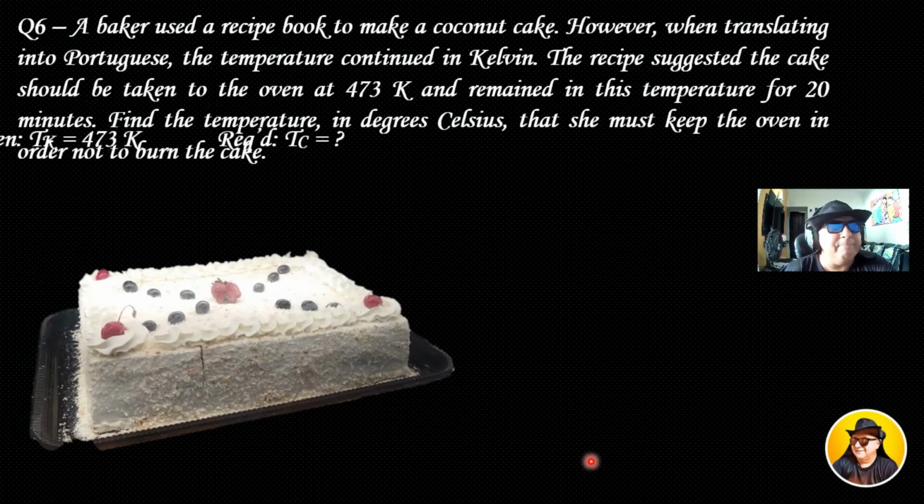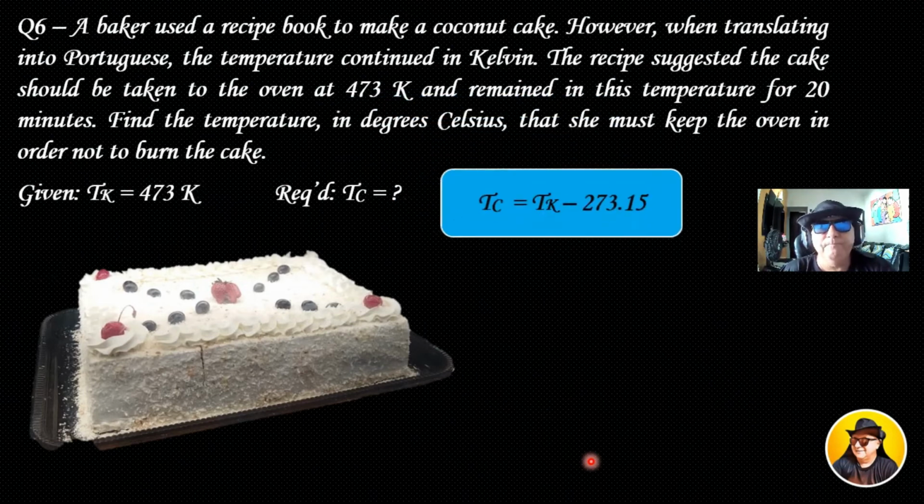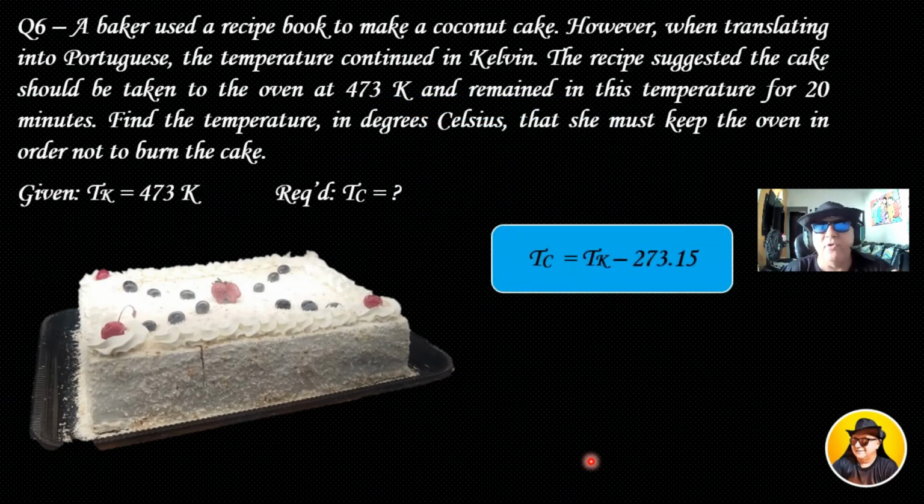Well, let's see. So what was given? TK, 473 Kelvin, and what is required? TC, Celsius temperature. So easily we can do it because the formula is one of the easiest ones. Okay, so TC is TK minus 273.15. So TK was given, it is 473. Let's replace it.